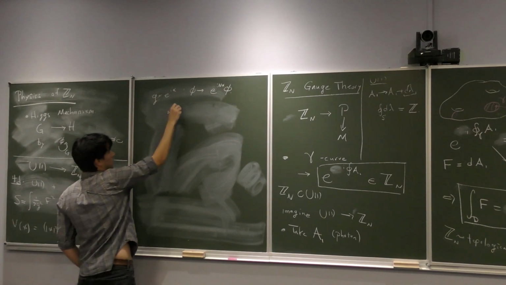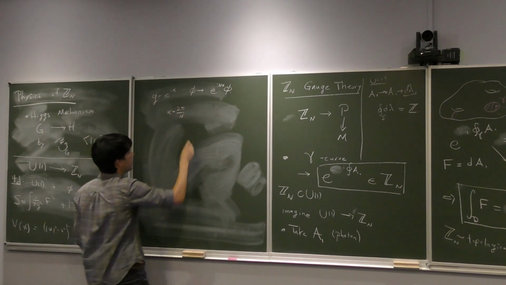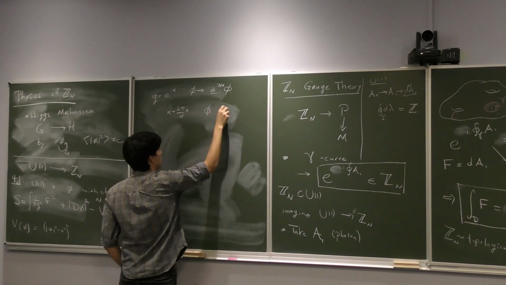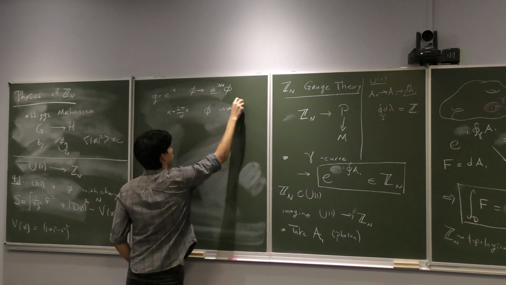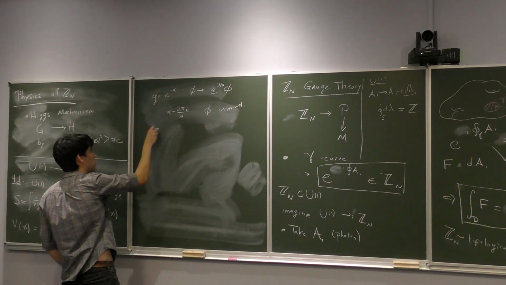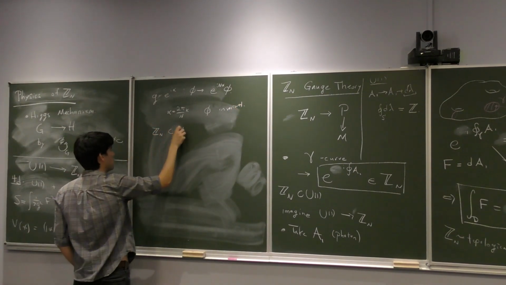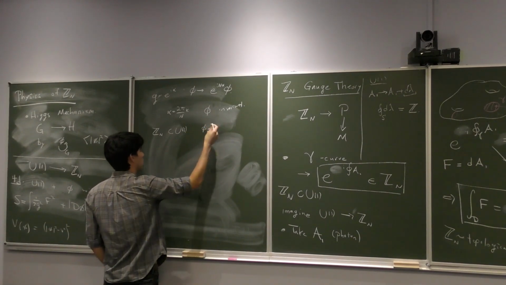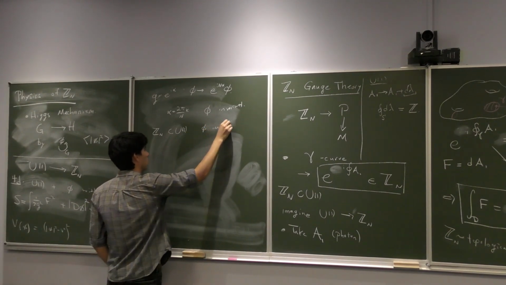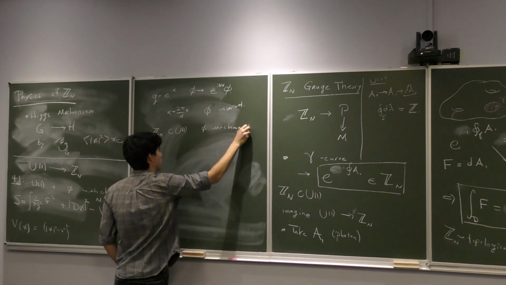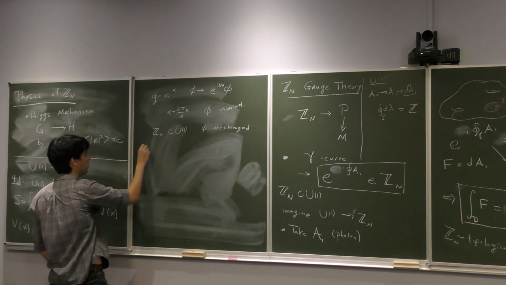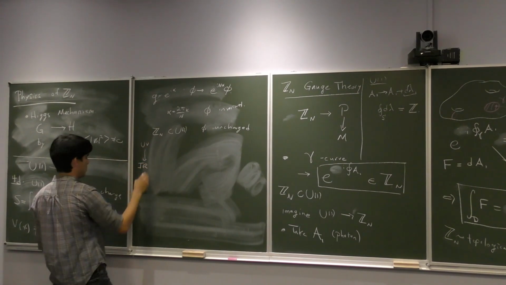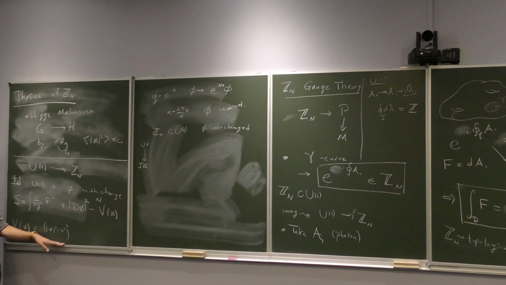So if alpha is 2 pi over n times an integer k, then phi is invariant. Right, so in other words, there's a Zn subgroup of the gauge group that phi is uncharged under. So when we go from the UV to the IR, this potential causes the Higgs field to condense.